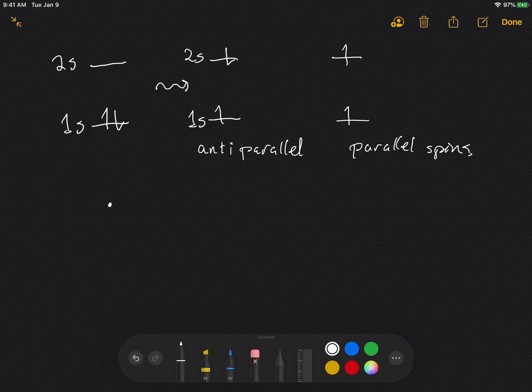So summarizing, which are the proper configurations?